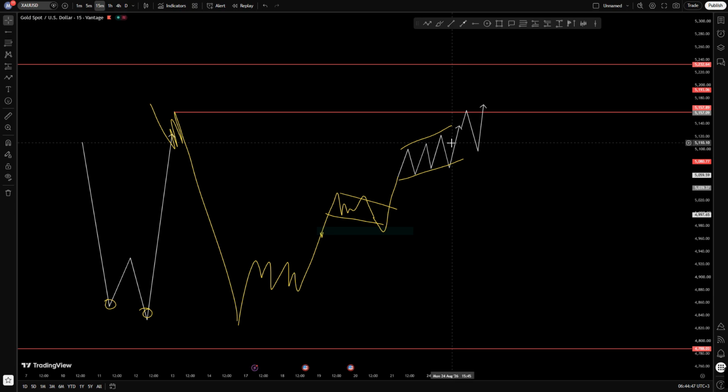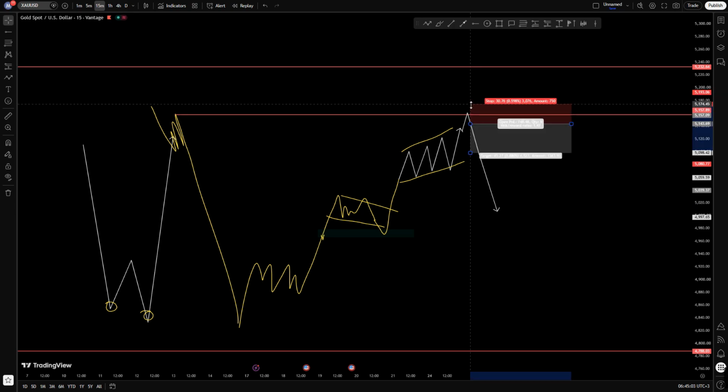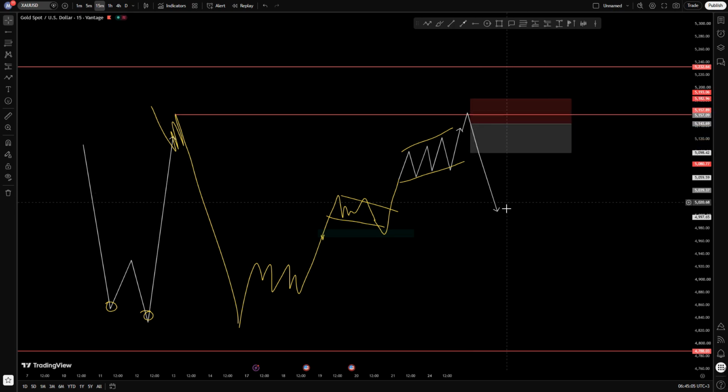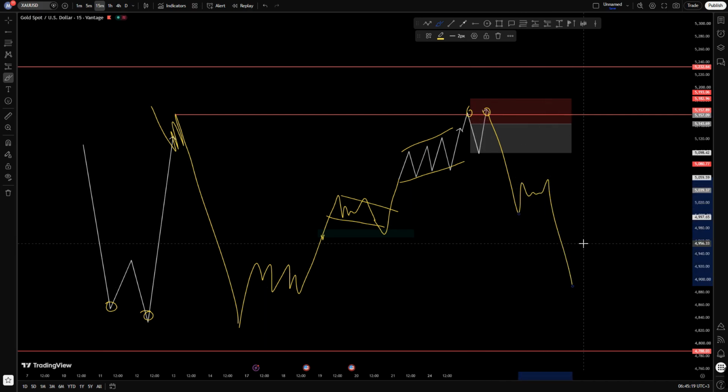Price is not continuing to push up. So with this one here, you need to be very careful. You don't just enter once price taps into this. Of course you can enter here, right? But normally what happens is that price would normally push up before pushing to the downside, meaning price is gonna give us a double top pattern right there before pushing to the downside.